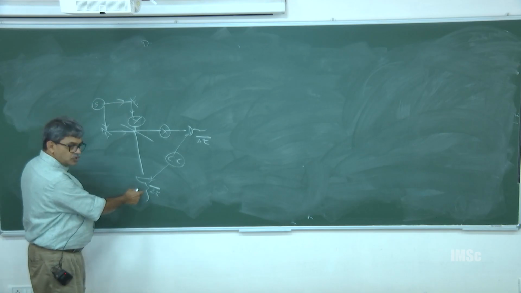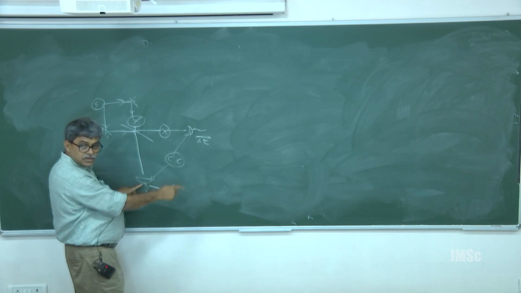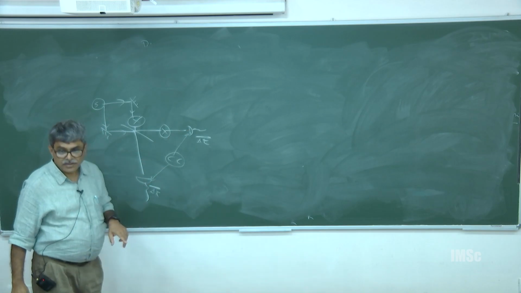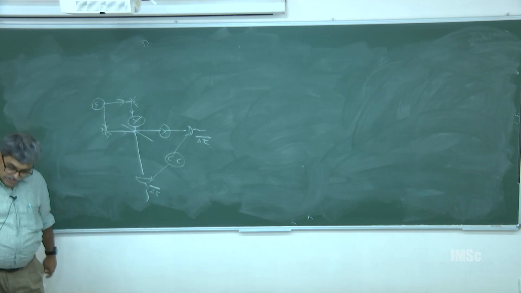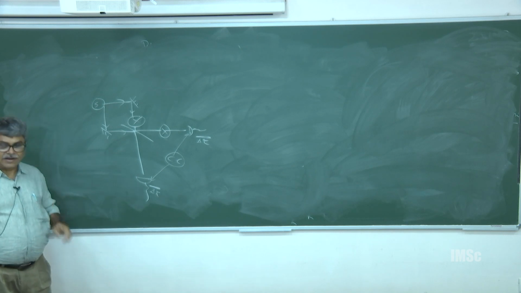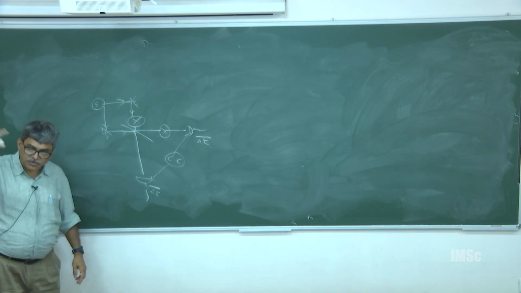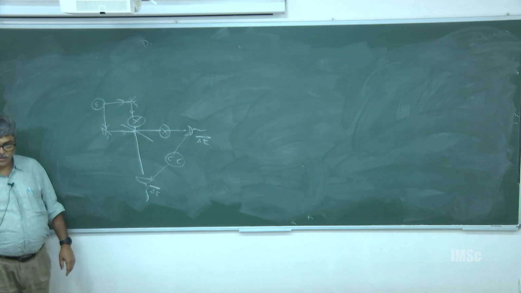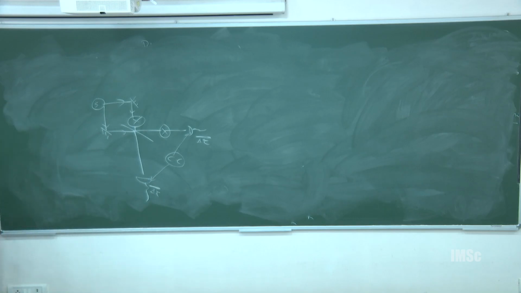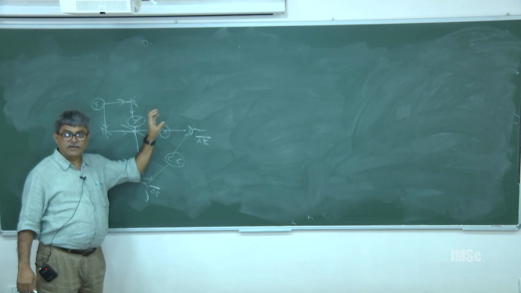Within this time window, there should be one photon clicked here and one photon clicked here. And the numbers have to match one to another. It should be nearly simultaneous as well as the numbers have to match. Number matching, you can look at the photo current it produces. I am assuming that there is no dark count, no extra photon is coming here.